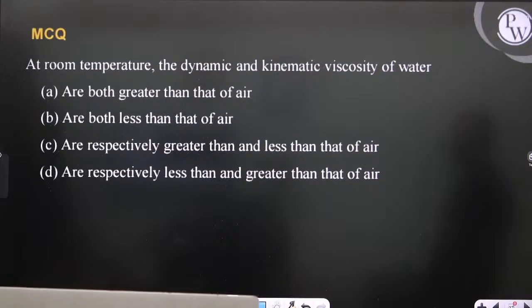At room temperature, the dynamic and kinematic viscosity of water are: both greater than that of air, both less than that of air, respectively greater than and less than that of air, or respectively less than and greater than that of air.